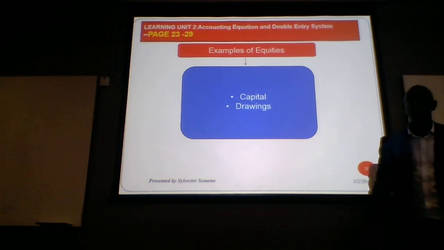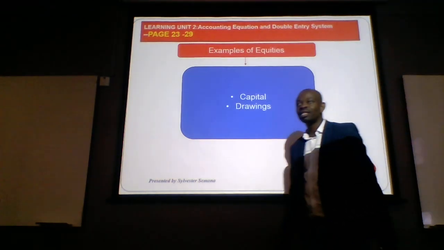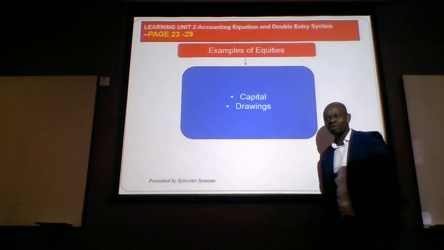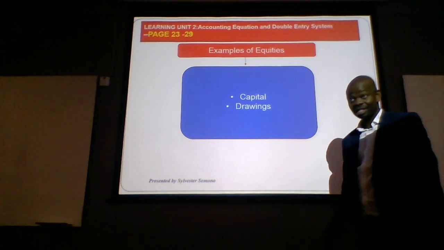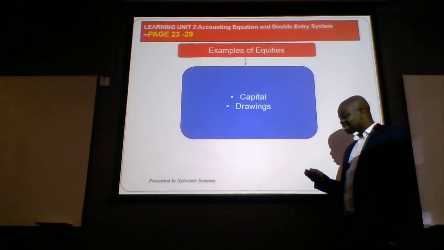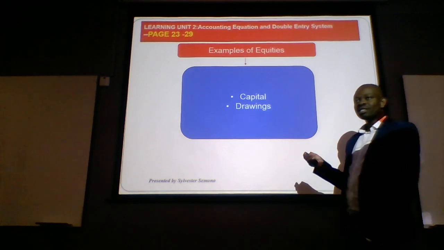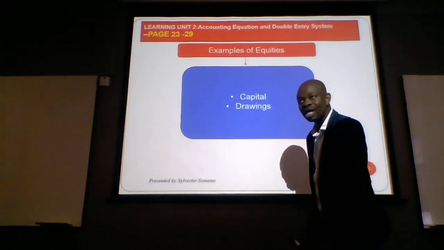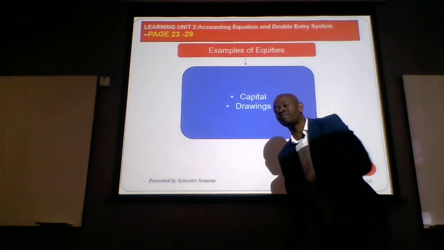So this is our equity. And examples, there are only two. We've got capital, an example of equity. We've got drawings. What is a drawing? For own use. So please write next to this because some people sometimes are confused. Drawings are negative owner's equity, meaning they affect owner's equity negatively.